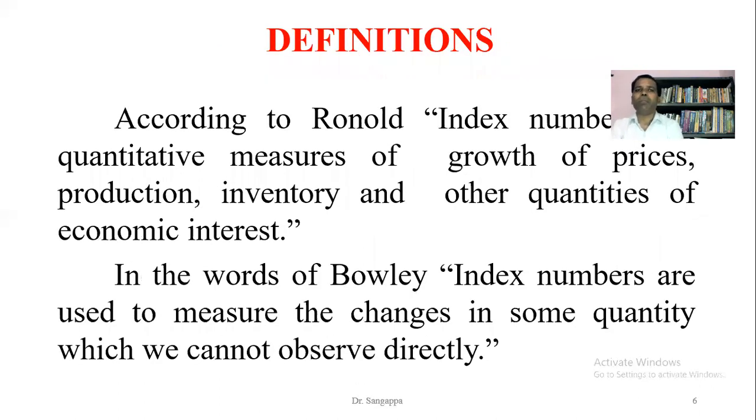So we measure the differences, particularly price differences, through the help of index numbers. Definitions of index numbers. So there are two definitions. One is a definition of Ronald, and one more definition given by Bowley. According to Ronald, index numbers are quantitative measures of growth of prices, production, inventory, and other quantities of economic interest.